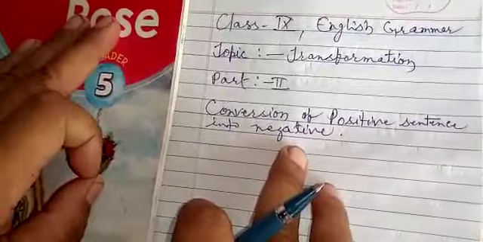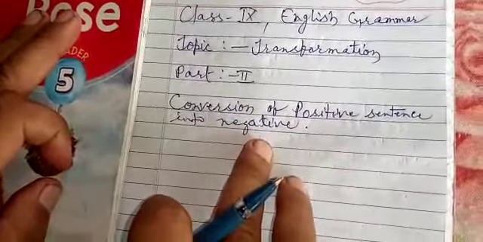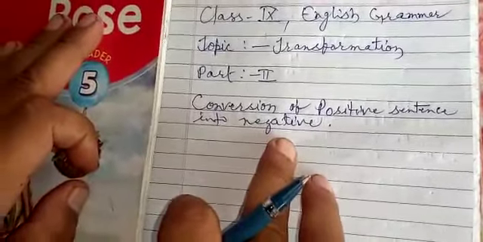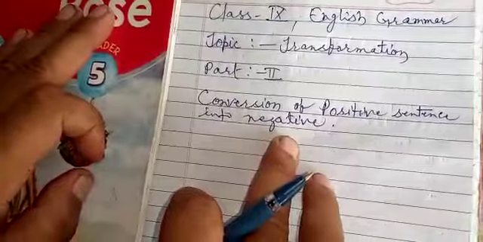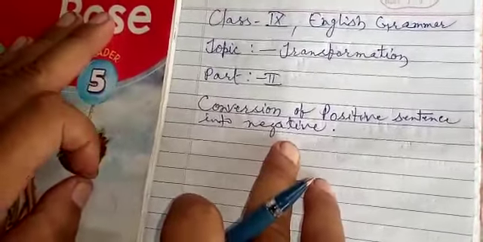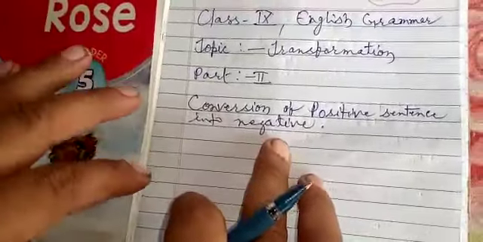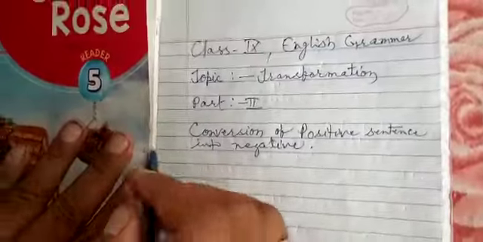For that, you need some rules and ways to understand how a positive sentence can be changed into a negative sentence. Just write down point first.